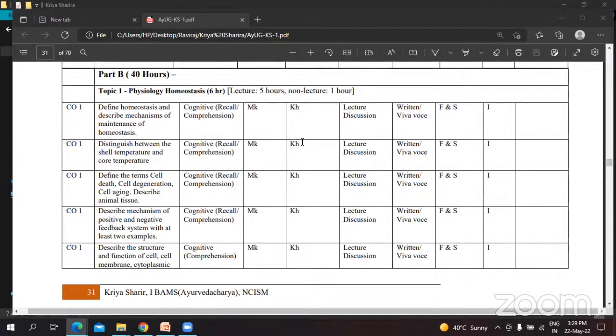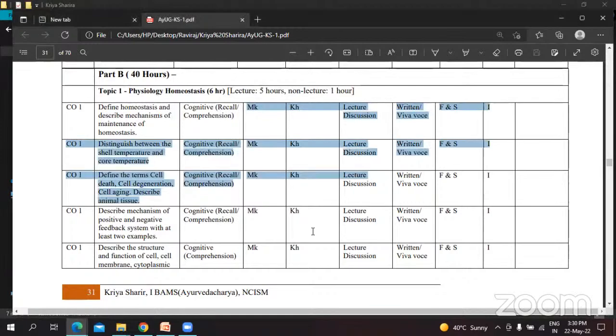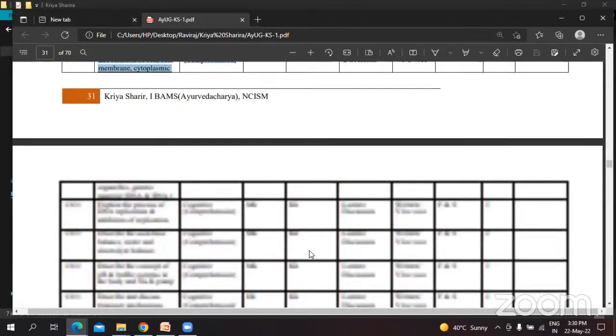So this falls under the must know category, and this can be there in a written examination and can be asked during vivas also, right? So all of this homeostasis part comes under must know, means every student must know this part. And I'll show you.